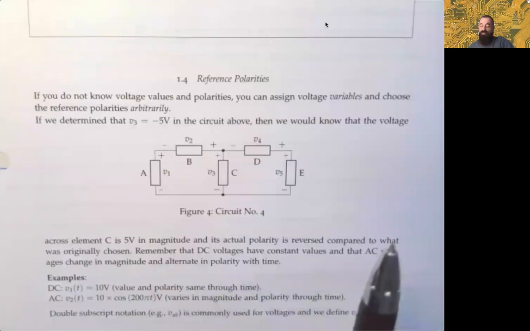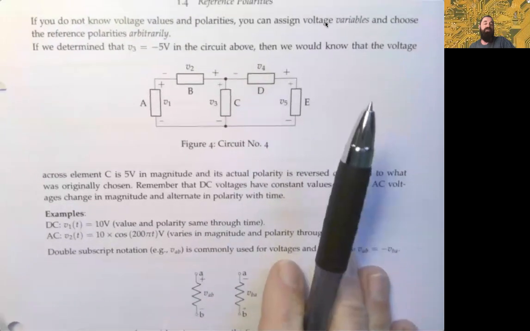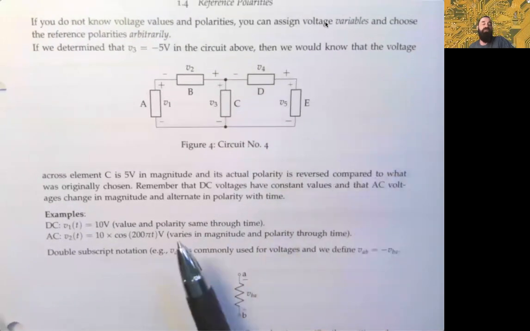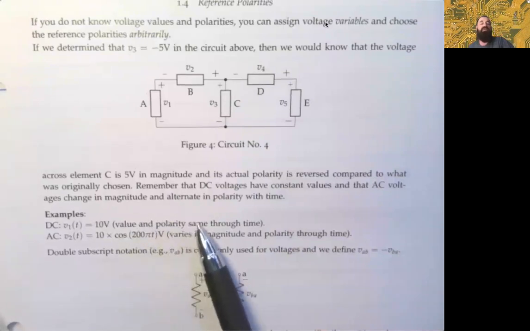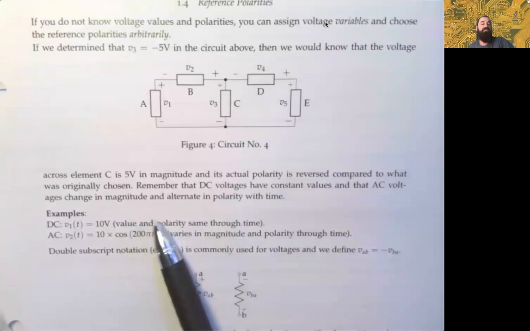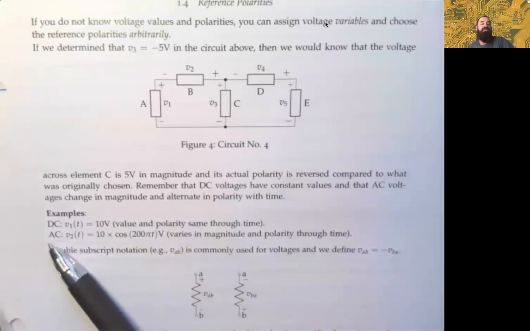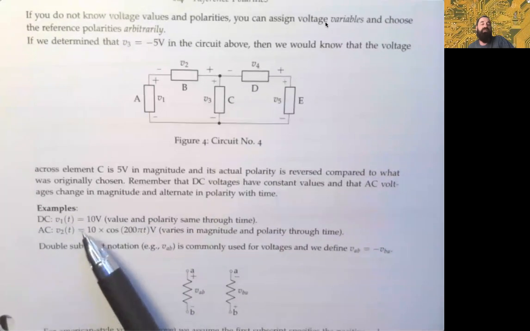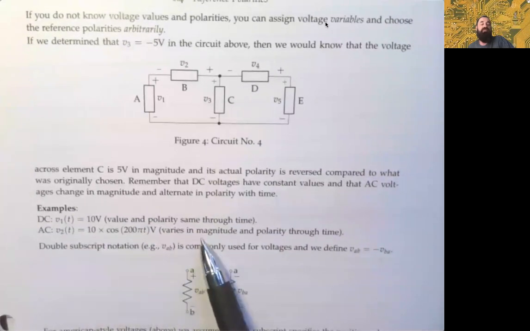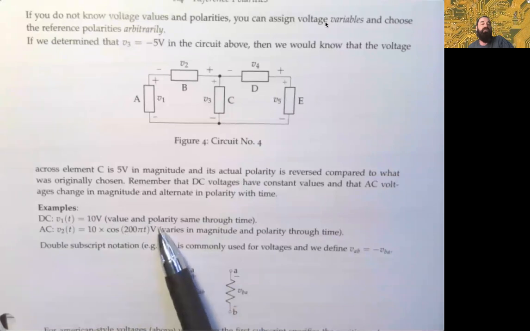So for example, with a DC voltage, you might have something like this, 10 volts, a standard battery. A 10-volt battery has the same value and polarity no matter what the time is, versus an AC circuit where you're looking at voltage changing in magnitude and polarity by a cosine function.